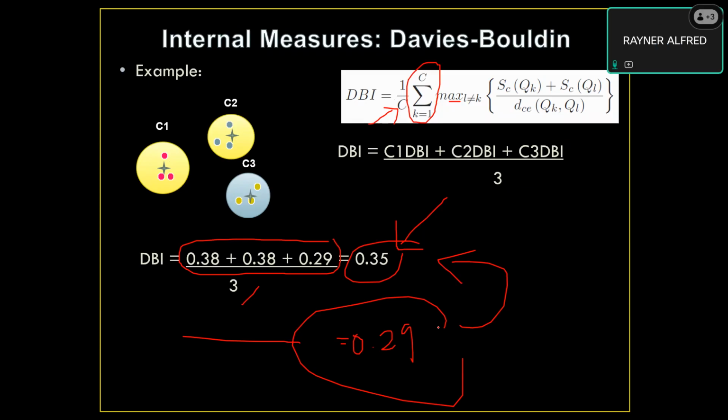For 3 and 5, you can use DBI because DBI measures the sum of square, and also includes compactness and the distance between clusters. So the lowest DBI is the better, the best number of clusters. The lowest DBI is good.